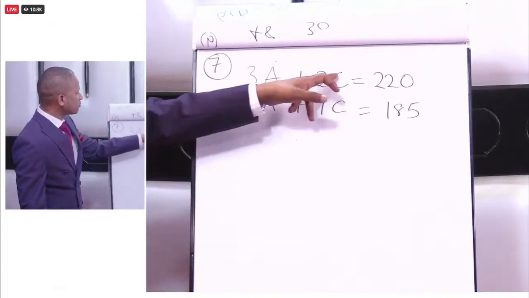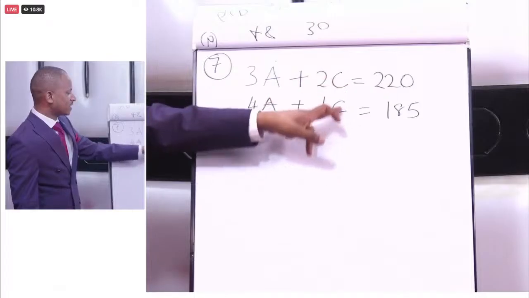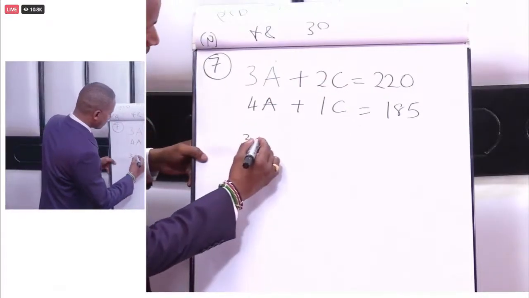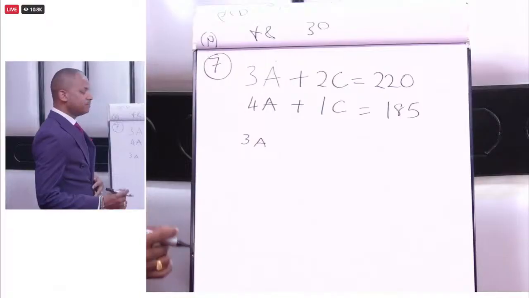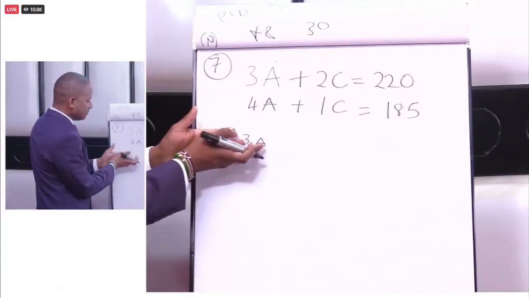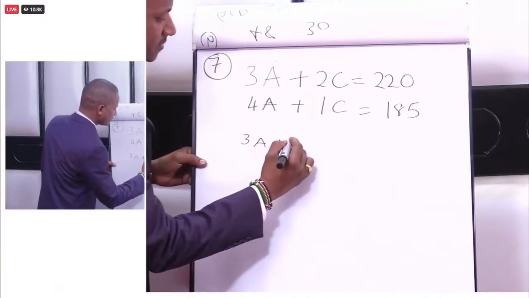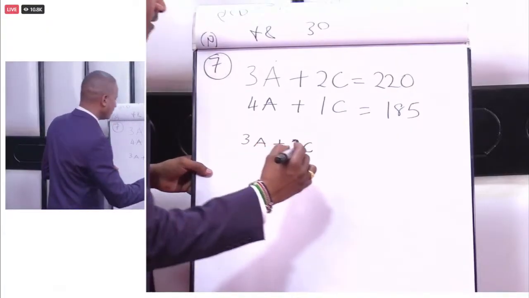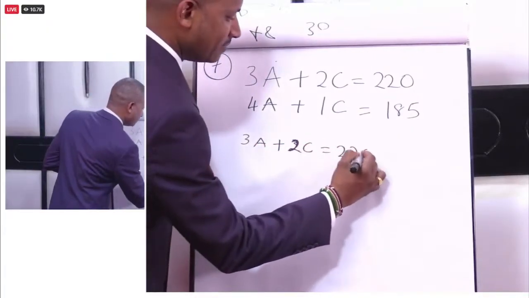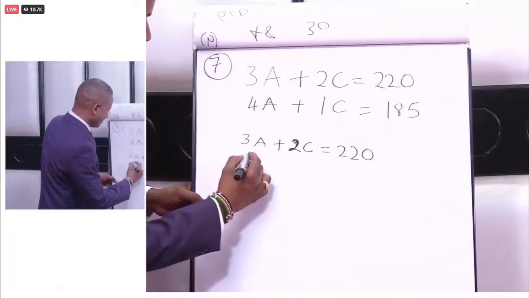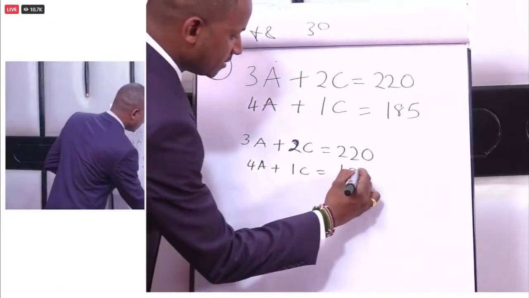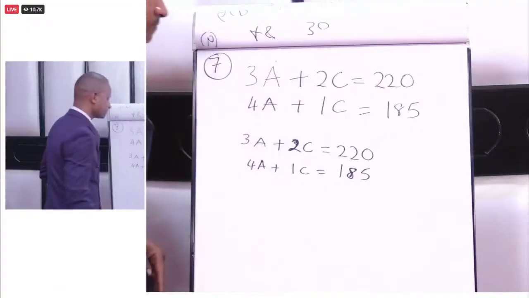Because we want the value of C, one craftsman earns how much? Therefore, we will use the elimination method. We want to eliminate A. So, 3A plus 2C equals 220. This is another equation: 4A plus 1C equals 185.